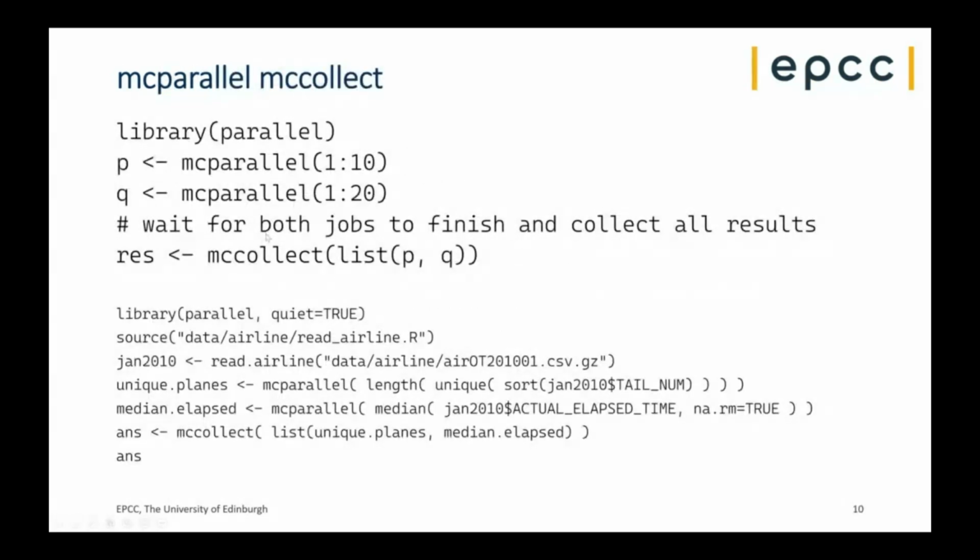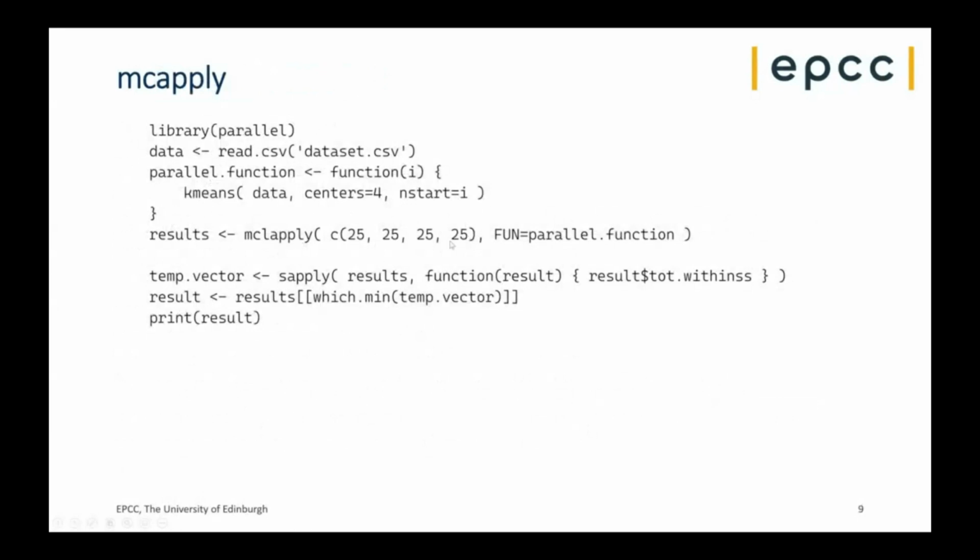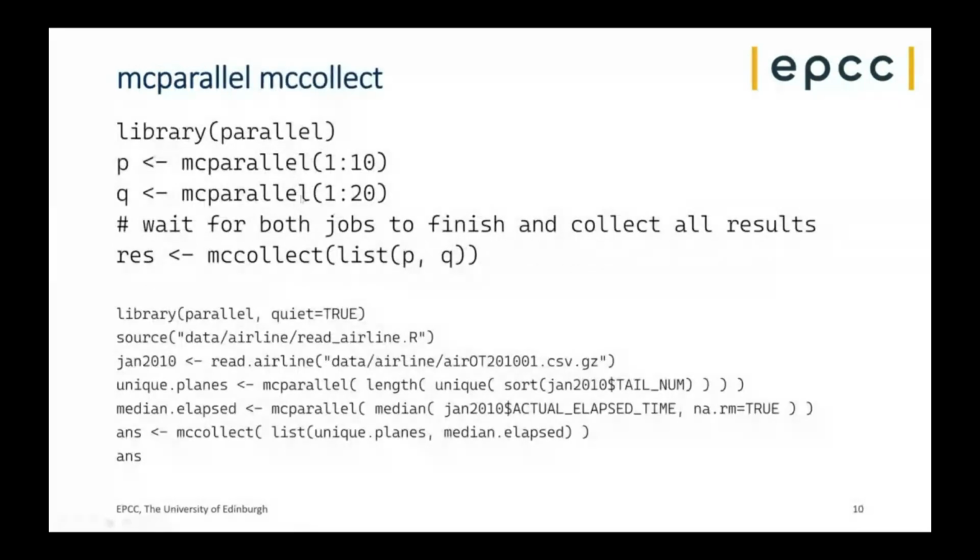We could also do something quite similar with another function called mcparallel. There we're not just applying a function to a data space, but we're doing bespoke parallel functions. Again, this is multi-core parallel, and what we pass in here is up to us.